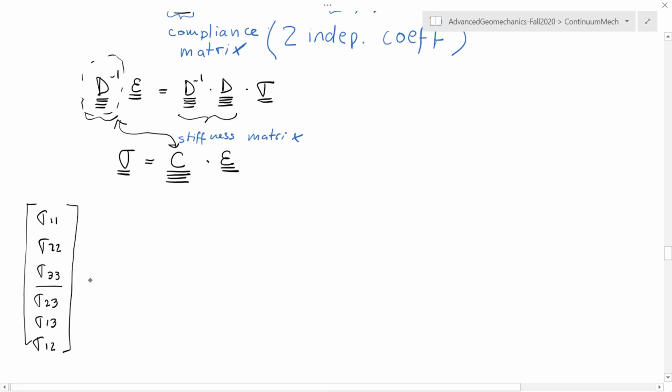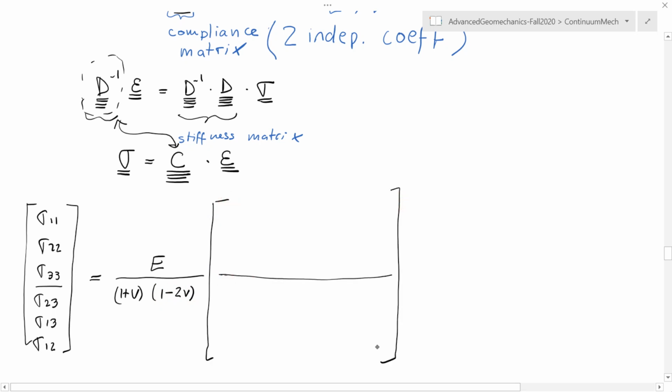In order to save some writing, I'm going to take a common factor, which is this one, and inside my stiffness matrix, this is going to be equal to, here, 1 minus Poisson ratio. It's actually a relatively simple matrix. And these are all the same.